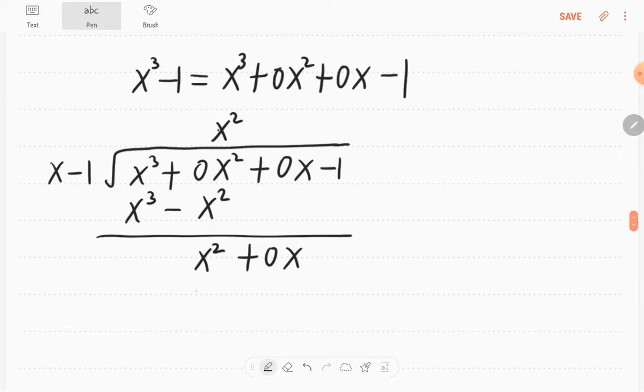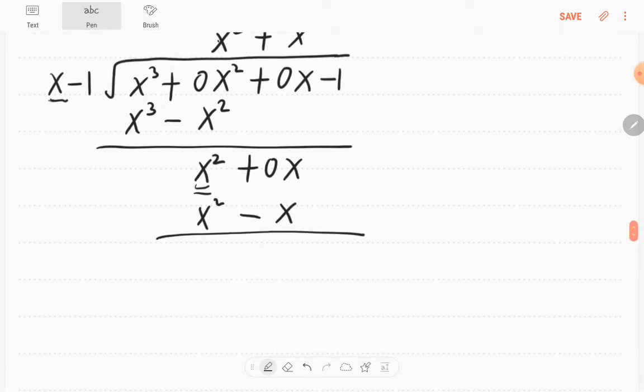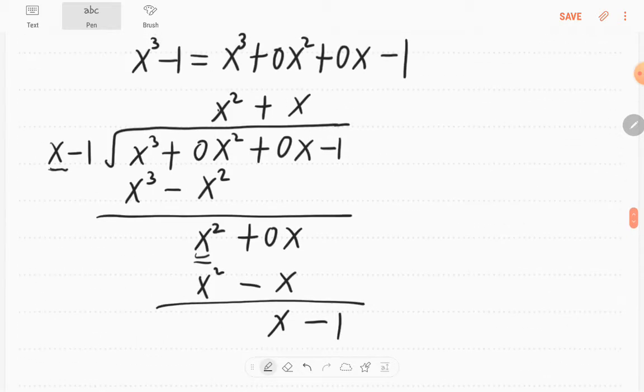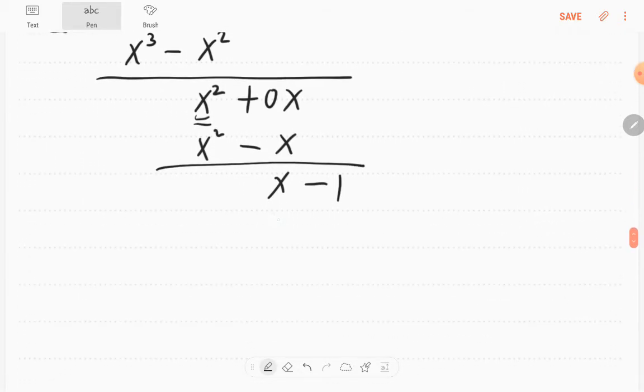To make x squared, we need to multiply by x, so it's plus x. So this is x squared minus x. We take the subtraction, so you have 0 minus negative x, so it becomes positive x, then minus 1. So this is the same, so it's multiplied by 1. Okay, so we have x minus 1, which is equal to 0.